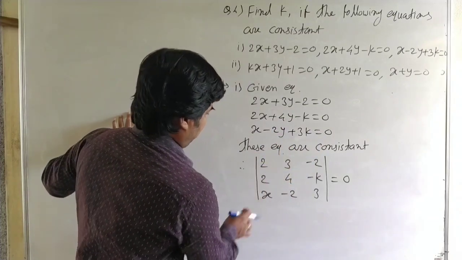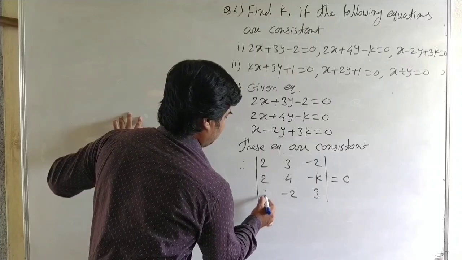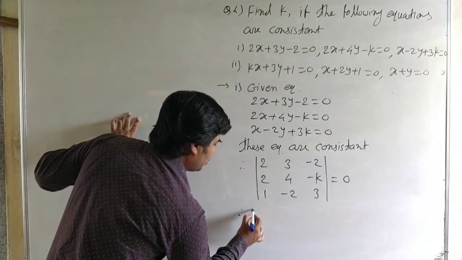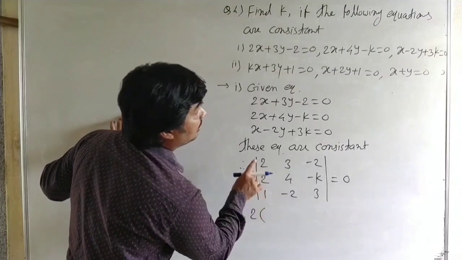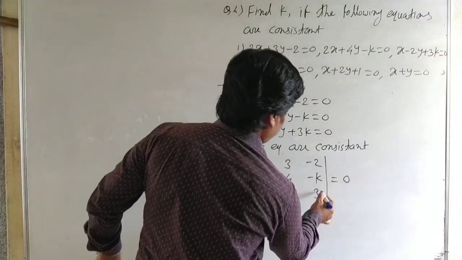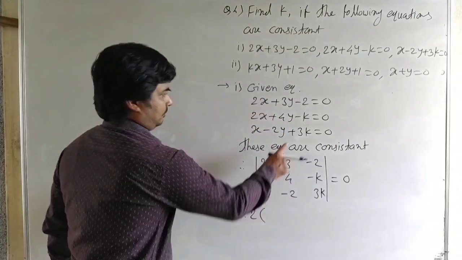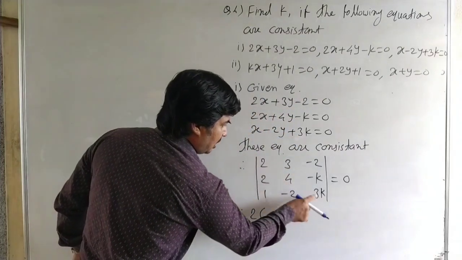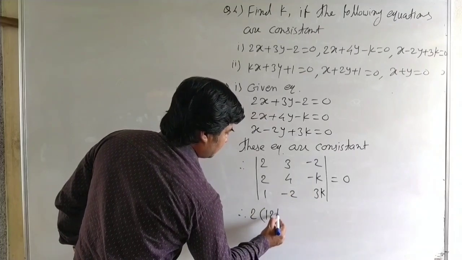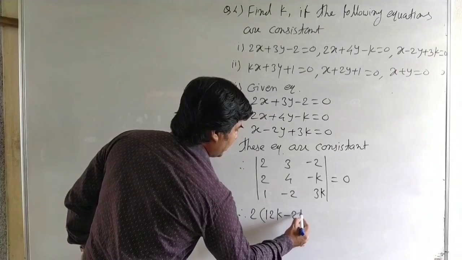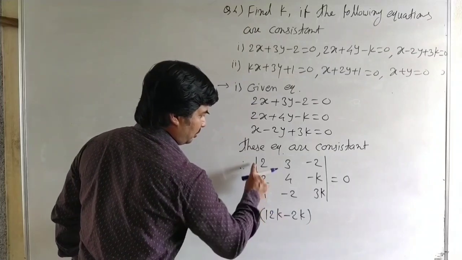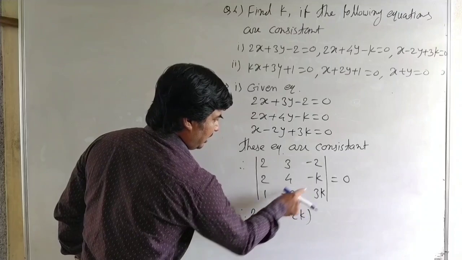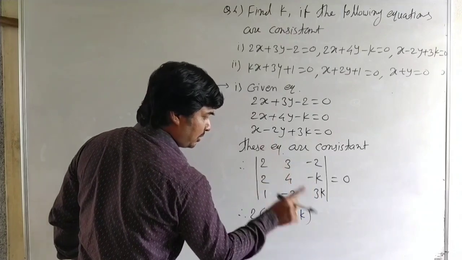Okay, now solve this determinant. It is 2 into, see carefully, 3k. Here 3k. Now here 2 into 12k minus 2k. See carefully, 2 into, eliminate row and column, 4 into 3 is 12k, minus k into minus 2, it is a plus 2k.